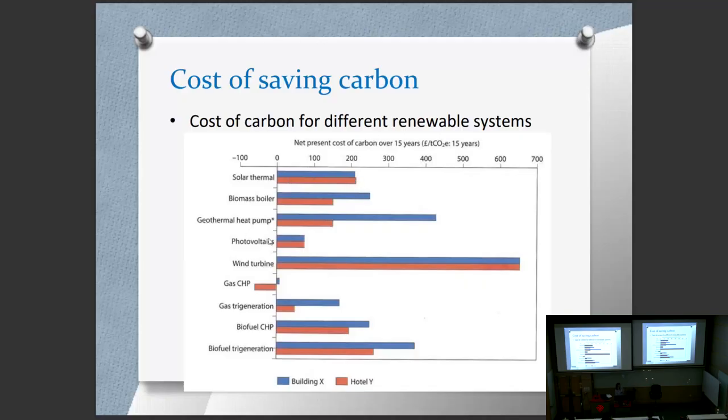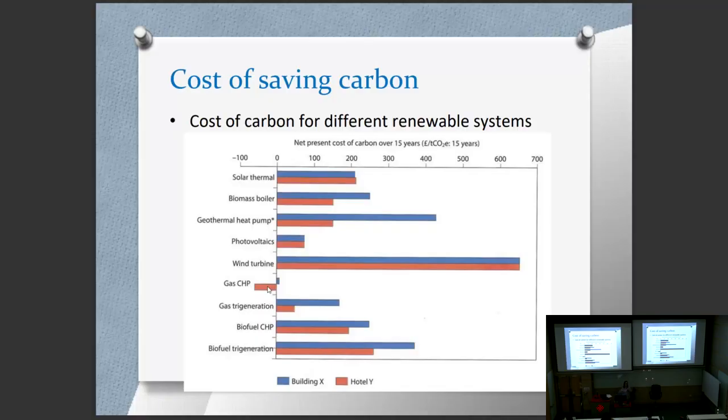For PV panels, maybe it's cheaper. For wind turbines, according to some case studies, it's actually very expensive. And for gas combined heat and power, actually you can have profit from installing the renewable energy plant.